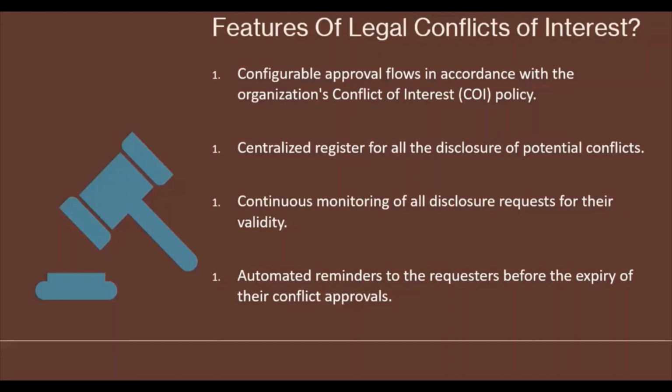And we have a centralized register for the disclosure of potential conflicts, continuous monitoring of all disclosure requests for their validity, and automated reminders to the requester before the expiry of the conflict approval. Let's say we have a conflict of interest request. Before that, the ServiceNow system will trigger a notification that your contract is going to expire. You need to review, so that everything is in a very transparent mode.